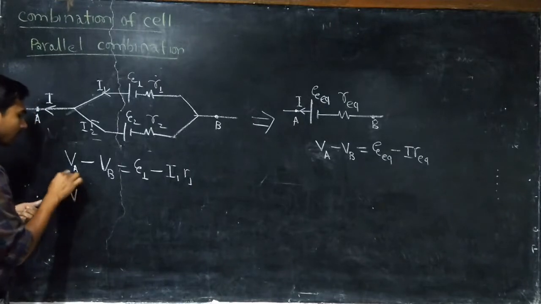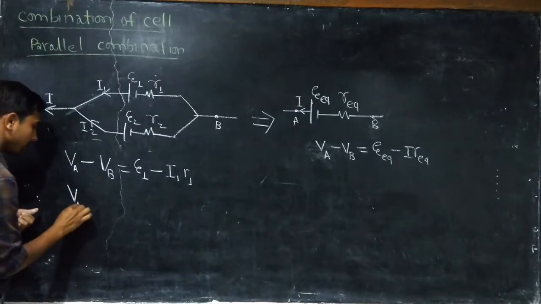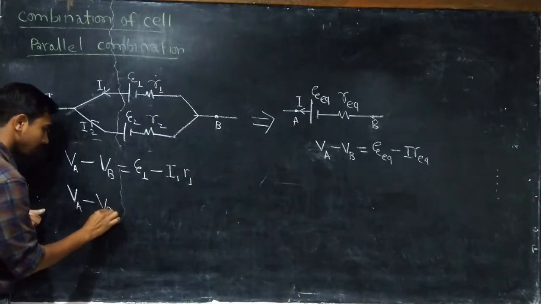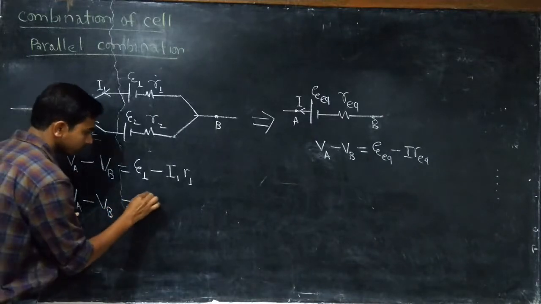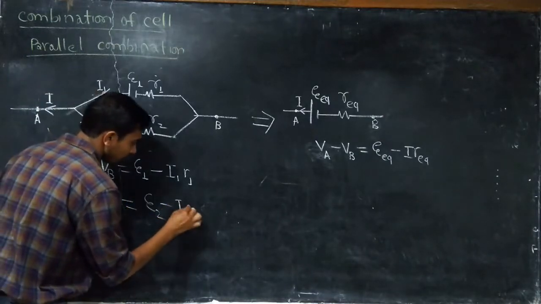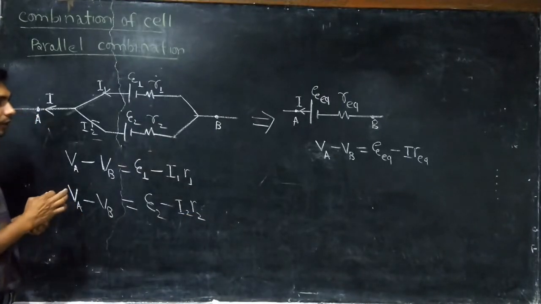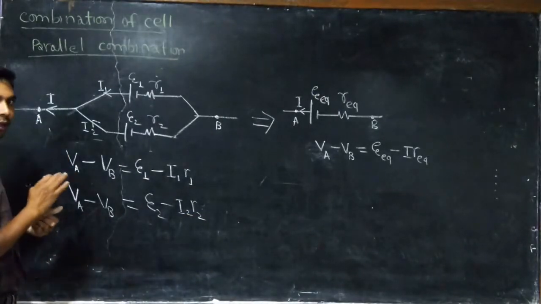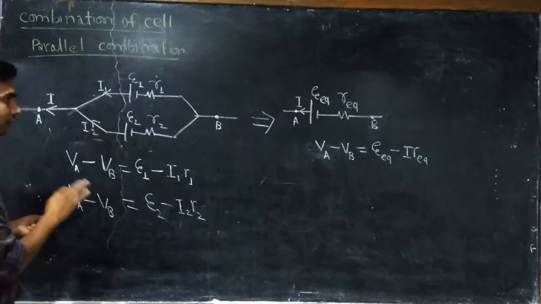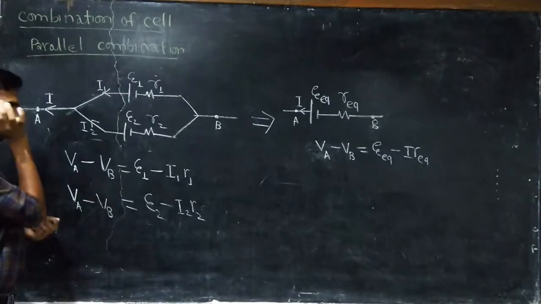Similarly, we can write: VA minus VB is equal to E2 minus I2 R2, right? Okay, so up to this you are able to understand, right?